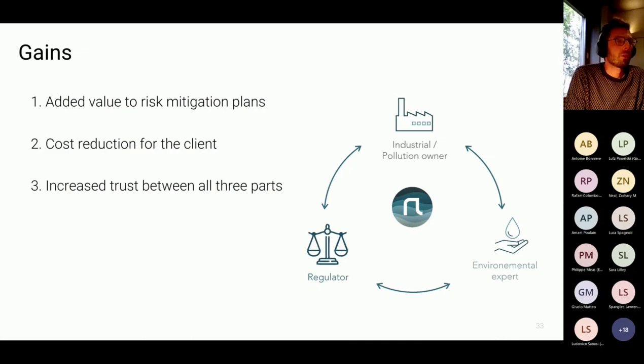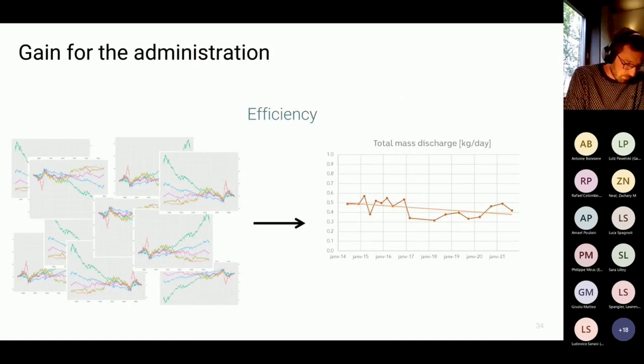For the regulators, up to now, the administration also asks if the pollution is aggravating through time or not. And what they did prior to our study is look at concentration time series at the monitoring wells. As I said, it's 43 wells times 8 metals.